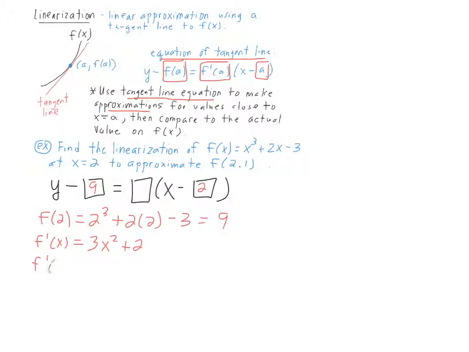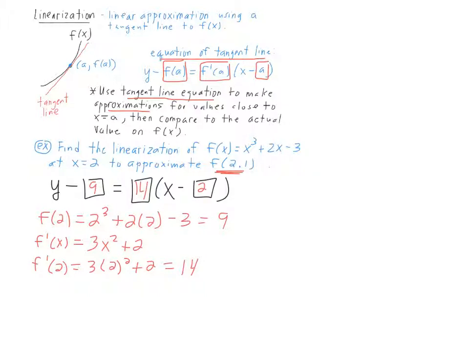And we need that x value of 2 plugged into it. So notice how we're not doing anything with that 2.1 yet that we see in the problem. Okay, we're just doing our traditional equation of the tangent line. So that'll give us 14. So 14 goes in that box right there.